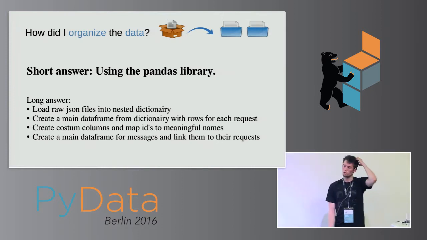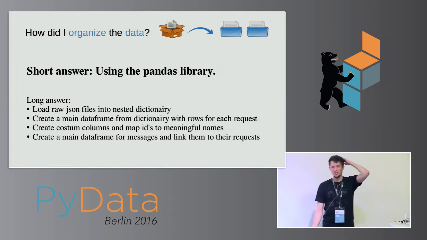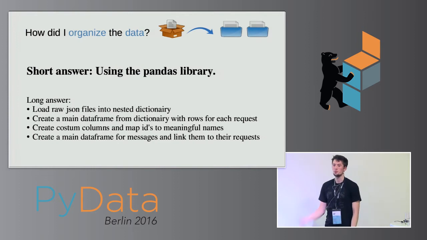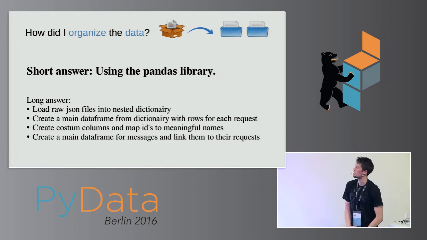Well, short answer would be I used pandas. And this is a really cool slide because it's probably like 80% of my work, but I just summed it up in some bullet points. So what I had to do was get the JSON file into dictionaries and then load it into a data frame.